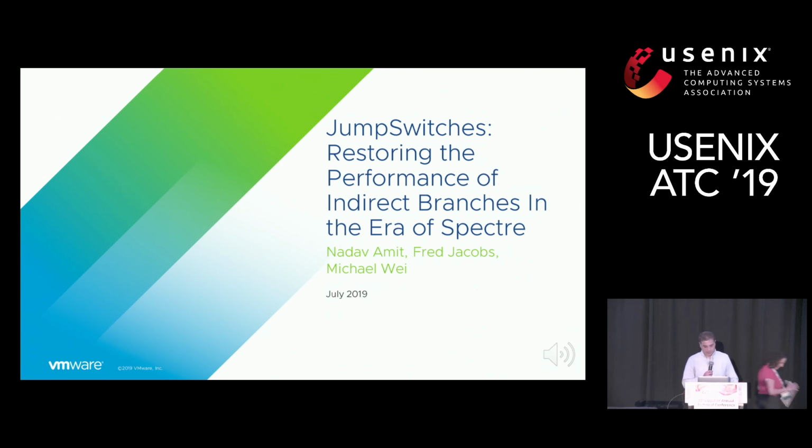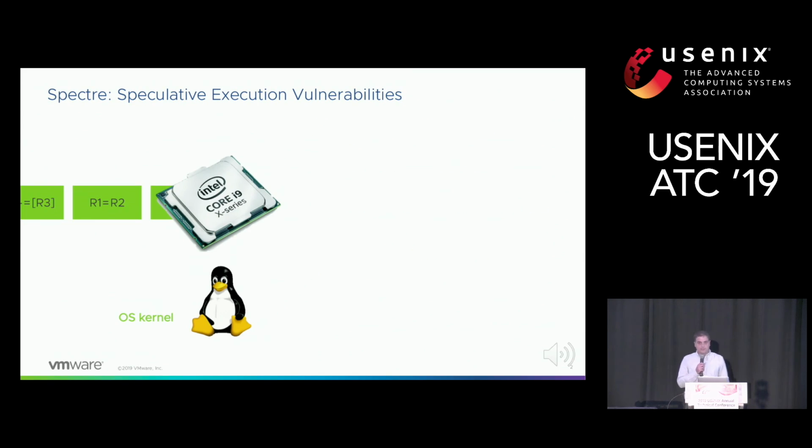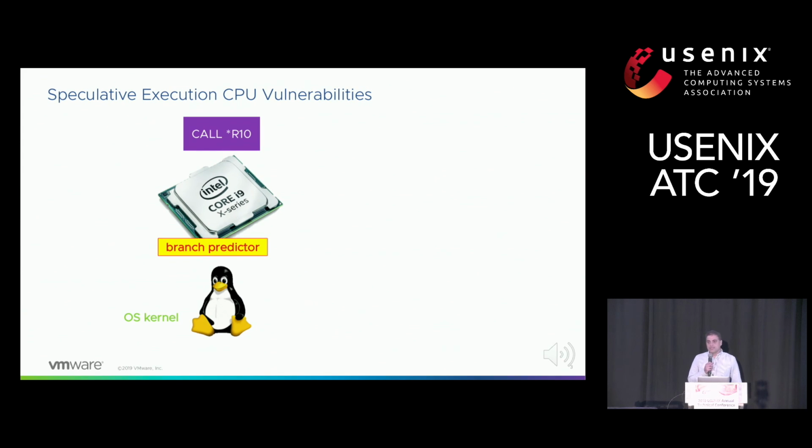Okay. So I will briefly present our work on jump switches. Well, you've probably heard about the Spectre vulnerability. The main problem is that CPUs try to execute instructions as fast as possible, but from time to time they encounter instructions that prevent them from knowing what the next instruction should be.